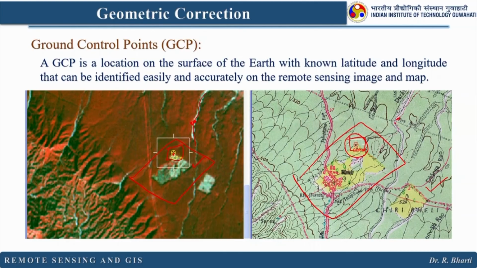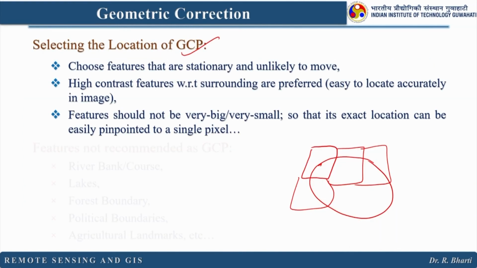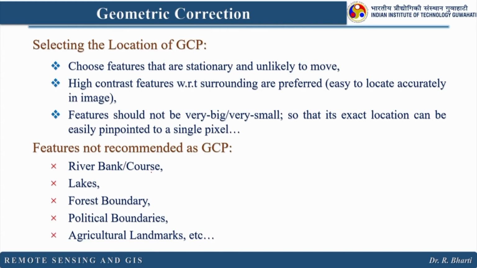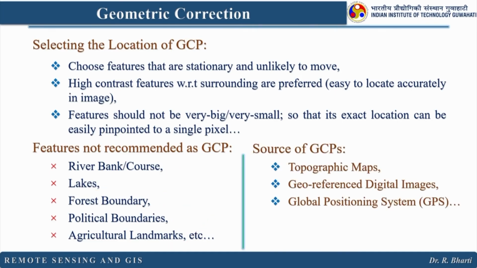So you need to take care of this GCP selection, and some features should not be considered. They are listed here: river bank courses, lakes, forest boundary, political boundaries, agriculture landmarks.